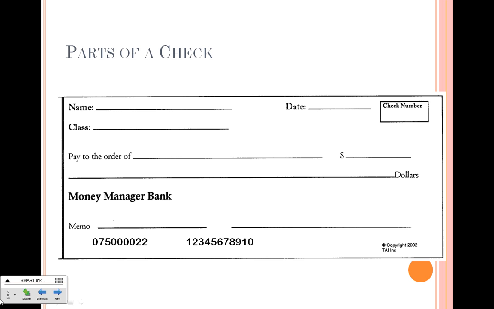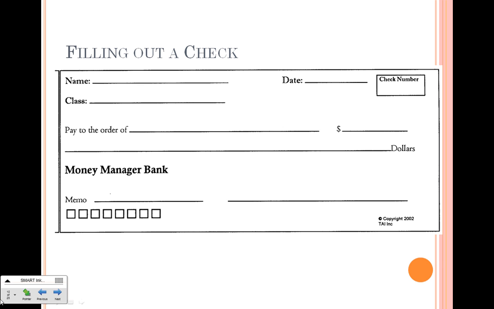So the first thing we need to do is put your name on the name line. And this is going to be check number 101, as it says on your sheet. It gives you a date, so we want to fill out that date line as well, January 15th, 2002.